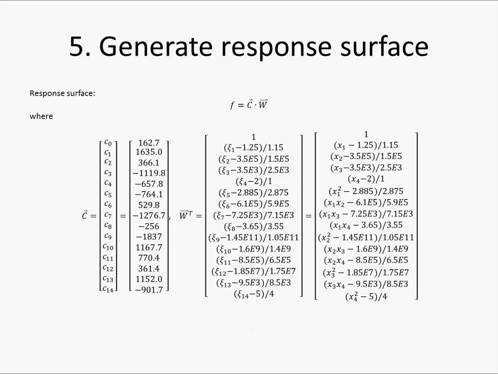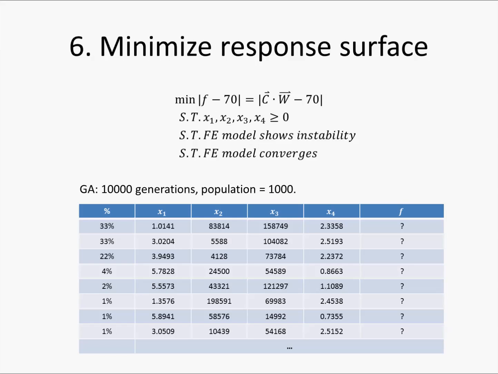Given this response surface, I can minimize it. I can minimize the absolute value of the difference between the response surface and my goal, which is 70, to find an optimum point. I ended up using a GA to solve this minimization problem.